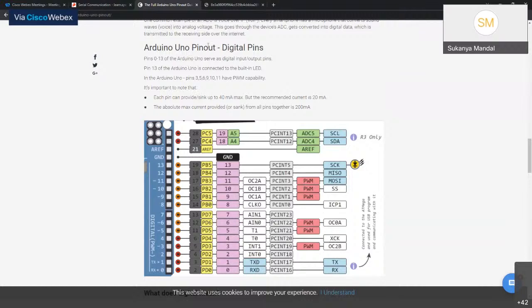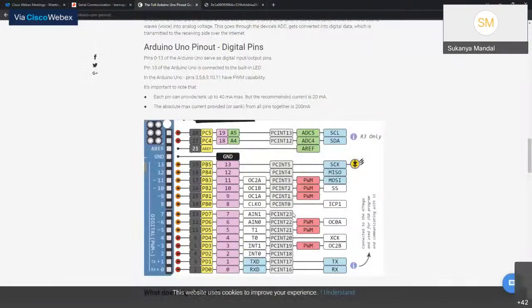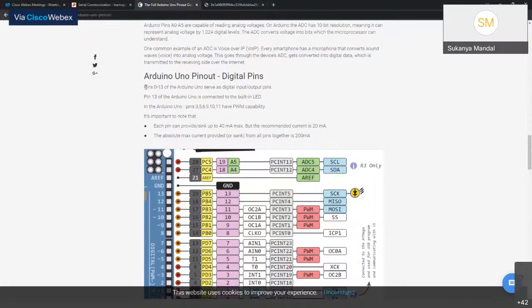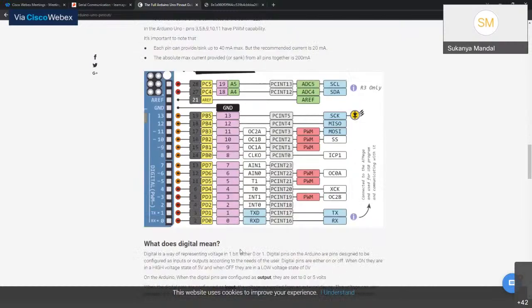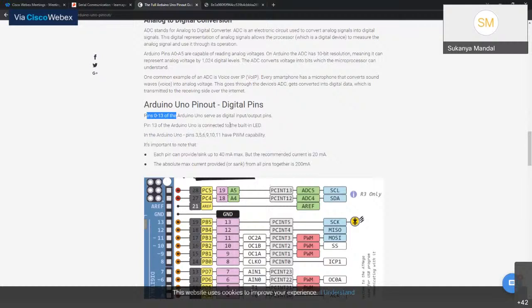Okay, now Arduino Uno, these are the digital pins on the right hand side. Let's just see the reference. Pins 0 to 13 of the Arduino Uno serve as the digital input output pins.